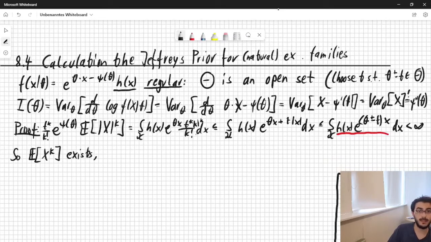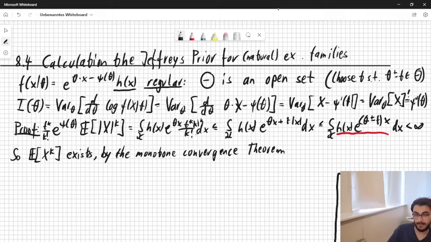Not only that, but by, first of all, the monotone convergence theorem, the sum, and now I'm not going to write t, instead I'm going to write theta plus t.